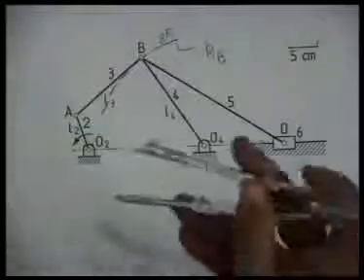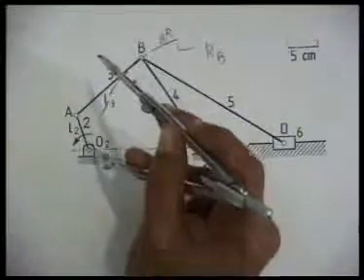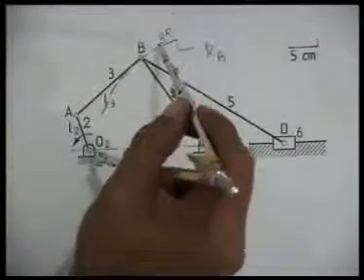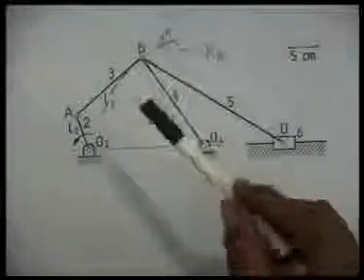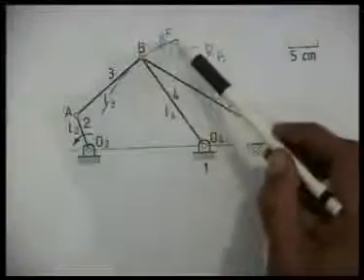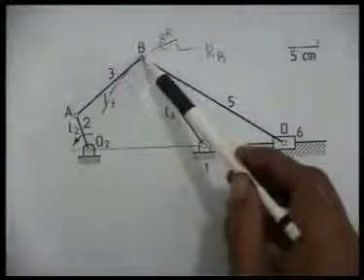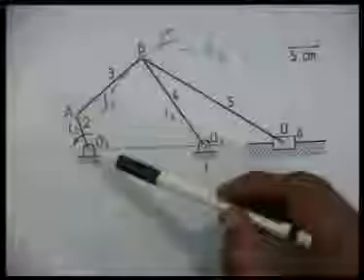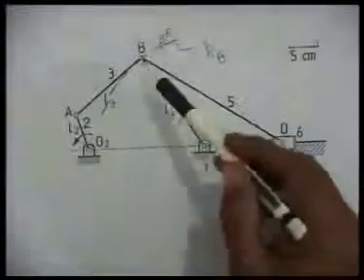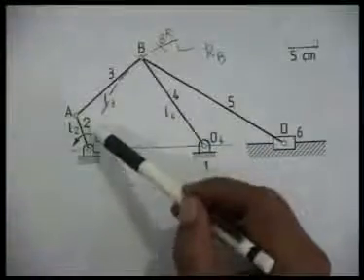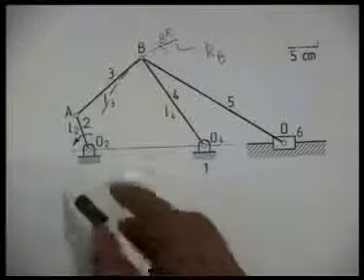So I take O2A plus AB, and from O2 I mark that distance at BR. Let me repeat, B moves on this circle, and at the extreme position O2A and AB become collinear, so O2BR becomes O2A plus AB.